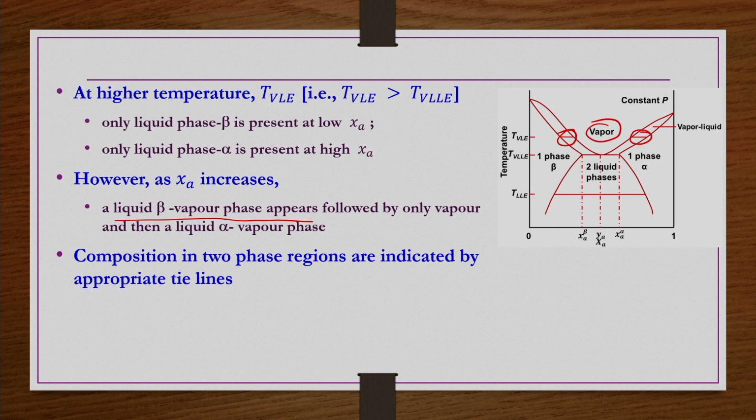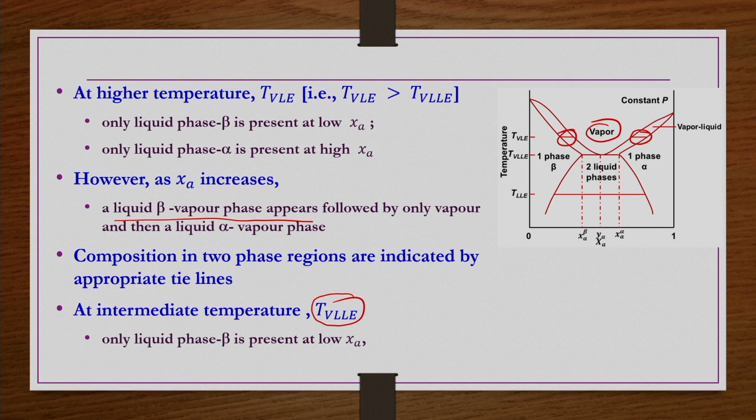And then compositions in two phase regions are indicated by appropriate tie lines anyway. At intermediate temperature, this TVLLE, that we call a kind of intermediate temperature, only liquid phase beta is present at low XA, and then only liquid phase alpha is present at high XA.